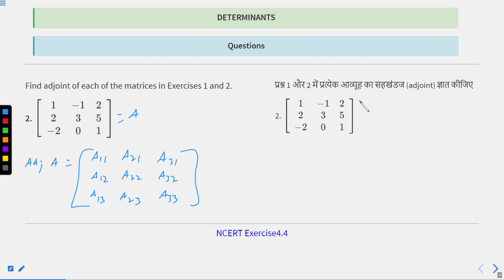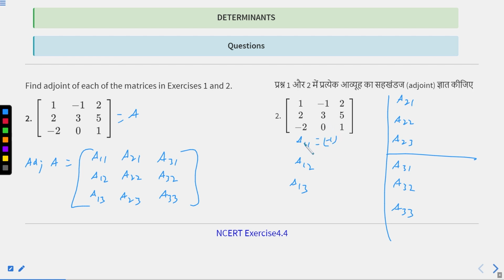Now let us find the cofactors A11, A12, A13, A21, A22, A23, A31, A32, A33. You all know minus 1 power 2: 1 plus 1 means even, and even means you will have a plus sign.